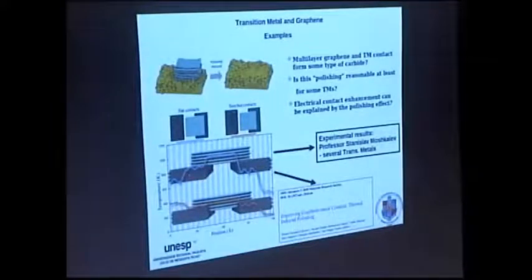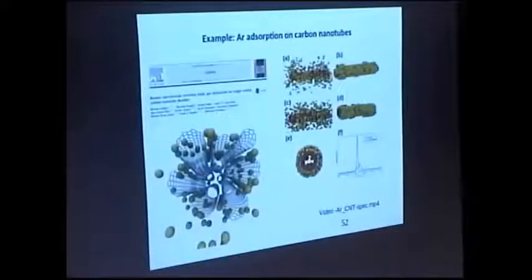The metal could be platinum, gold, or iron, anything. And then we did some simulations using gold and nickel, and we saw that even with nickel, that is an element that really likes carbon, we didn't have the carbide formation in here, okay? And then ReaxFF was able to explain this nicely.